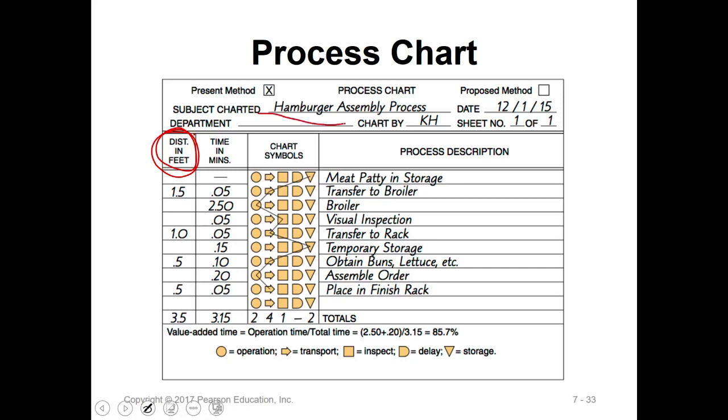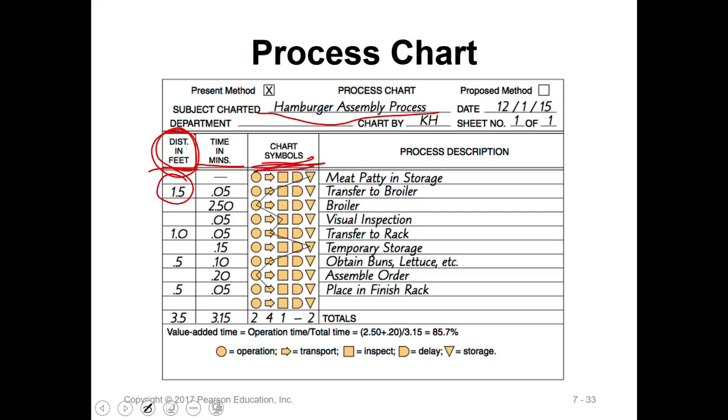They can assemble the hamburger by using an assembly process, like making a car or making a tractor. So in this chart, even moving distance is included, and processing time is included, and the chart symbol, this is the key part, I think.